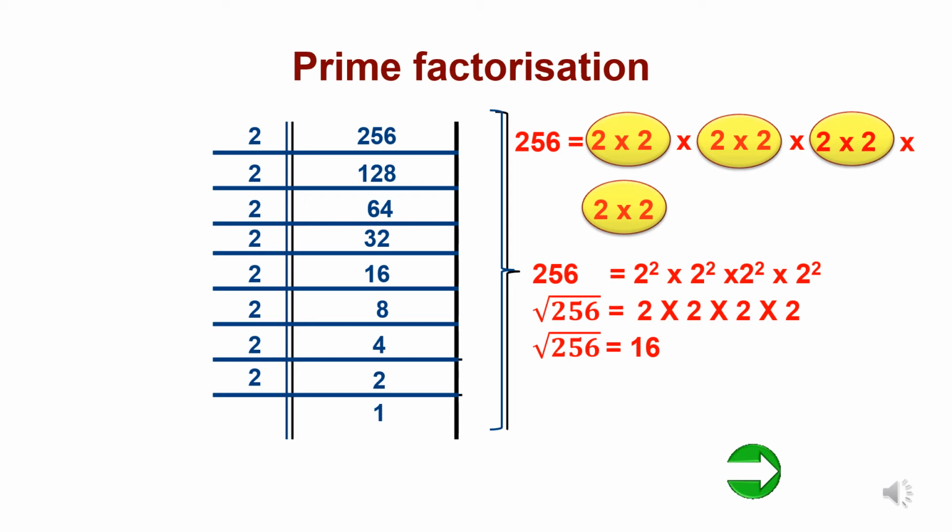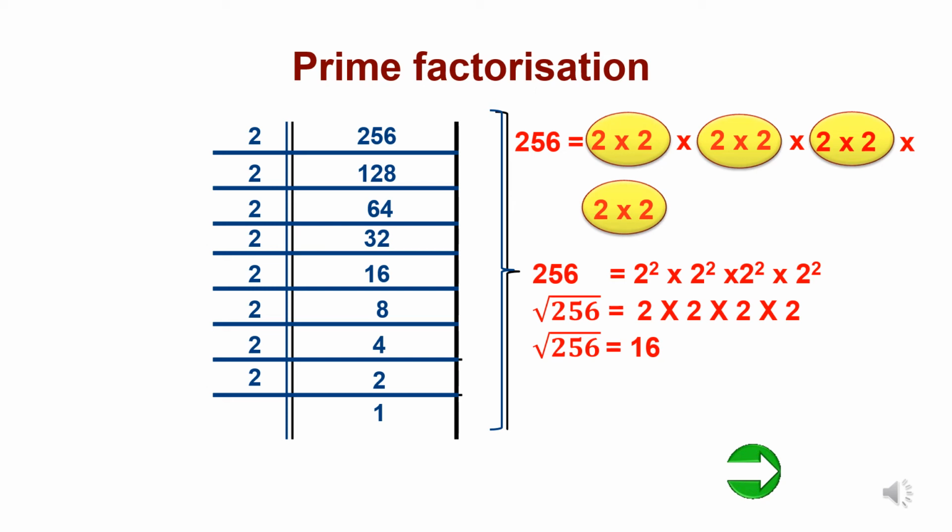We know that 2, 3, 5, 7, 11, and so on are prime numbers. So we just need to divide 256 till we get 1 as the result. But remember, we have to divide the number with only prime numbers. That is the basic concept of the method, which is known as prime factorization method.